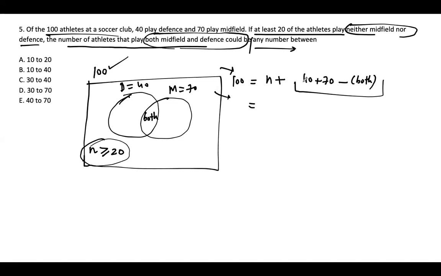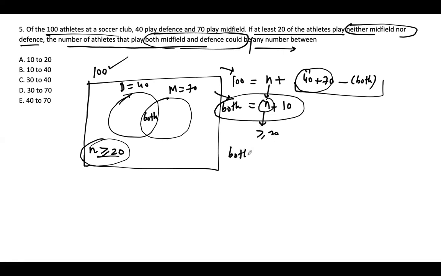So once you solve, this is 110. 100 comes to the right, so 110 minus 100, which is 10. I'm keeping n here, taking both to the left. So I'm getting both is equal to n plus 10. The least value of n is 20. So the least value of both would be 30.